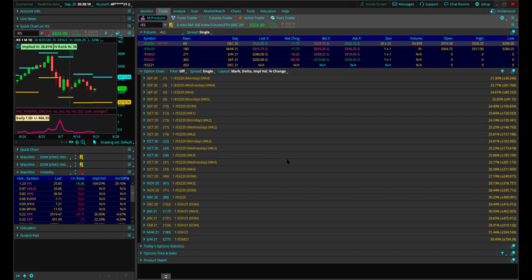The problem is on Sunday night at 6 o'clock, when the market opens into Globex, these expected move numbers start to change. If you didn't get those numbers sometime over the weekend, and say on Monday morning you decide, gee, I wonder what the expected move for the coming week is from last Friday, you won't have it.